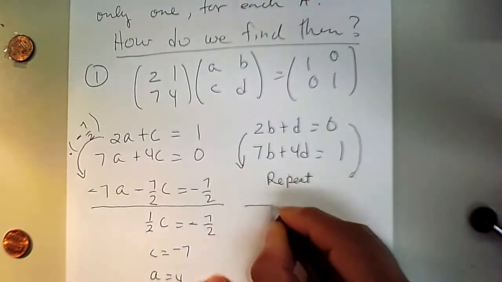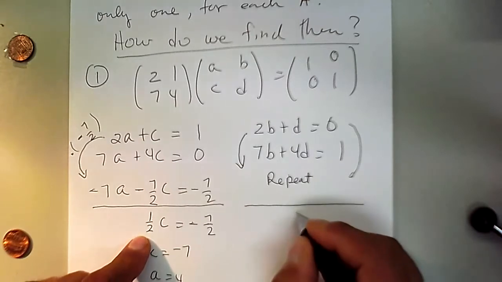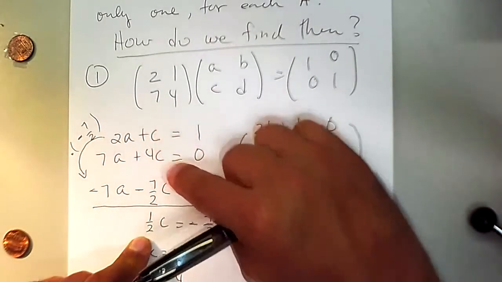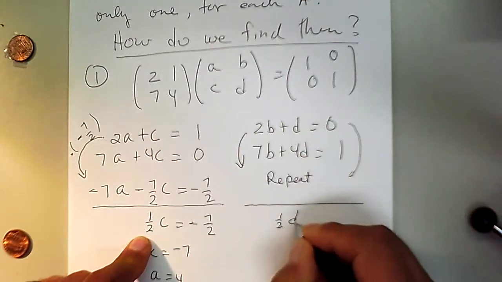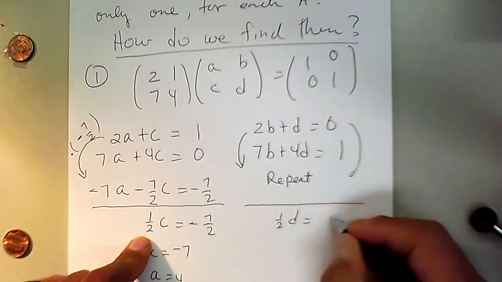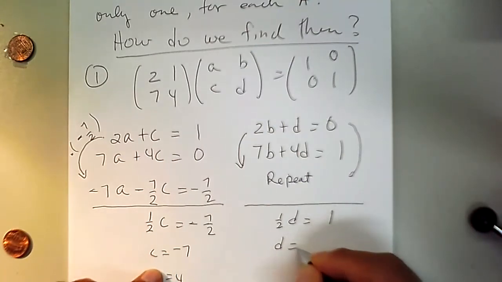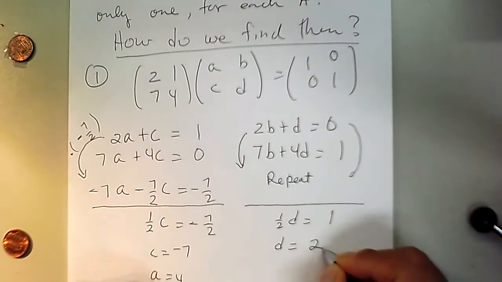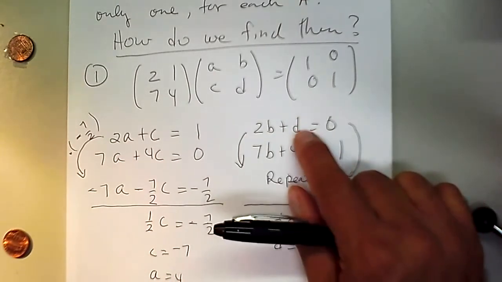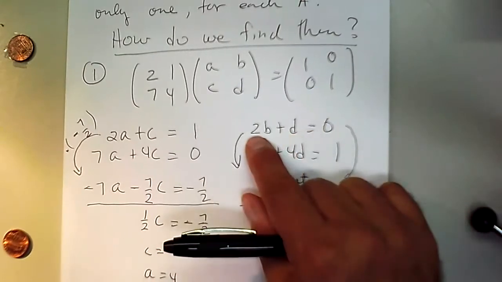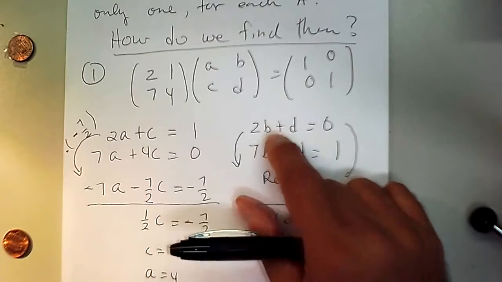So at the end, we're going to end up with a half, not a c, though that was a c here, but here we have a d. Half d equals 1, which means that d has to be 2. So if d is 2, well, that has to be -2, but the only way to get that is if b is -1.